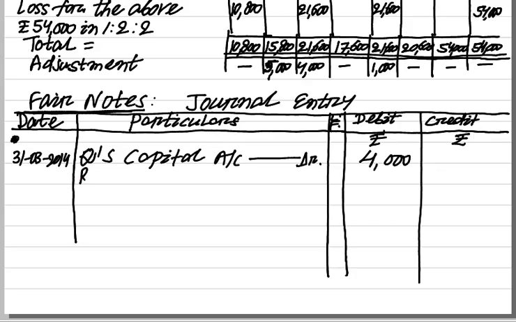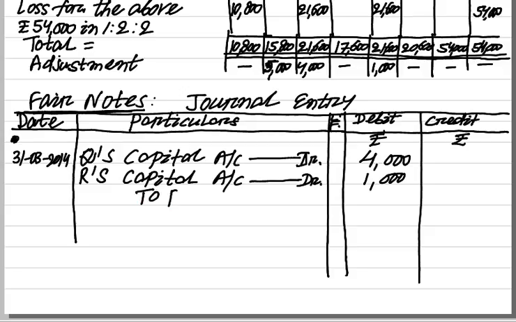R's capital account debited 1,000 to P's capital account, that is 5,000. Being adjustment journal entry passed for omission of interest on capital.